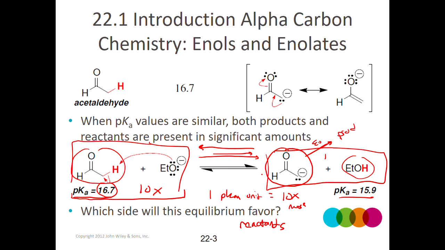So even when the first step of this process isn't product favored because the enolate's not quite as stable as the base, I can still shift it toward the product side if I can convert that enolate into something else in an extremely product favored way.